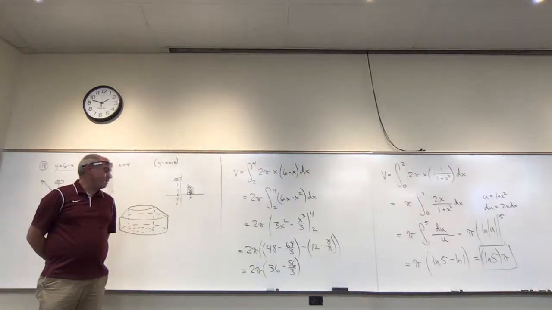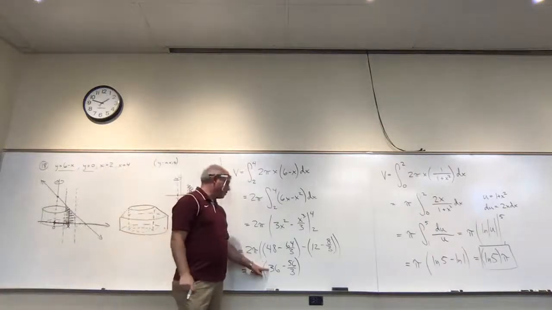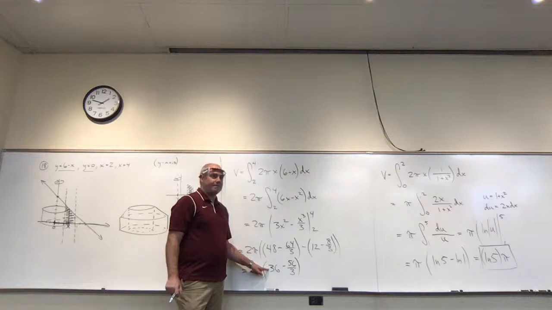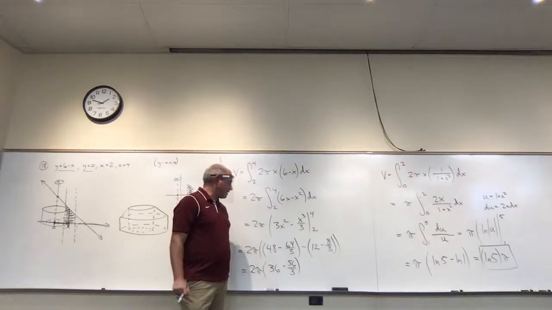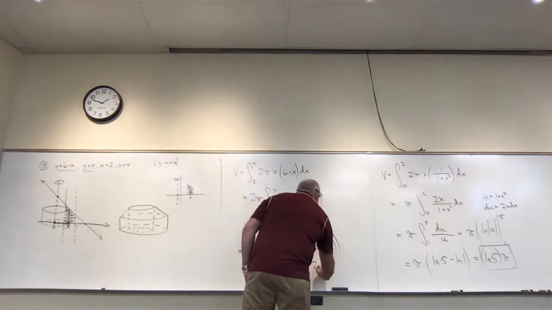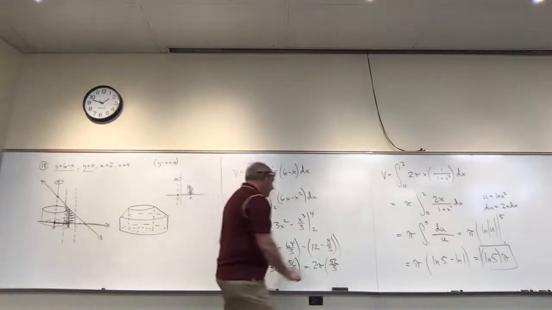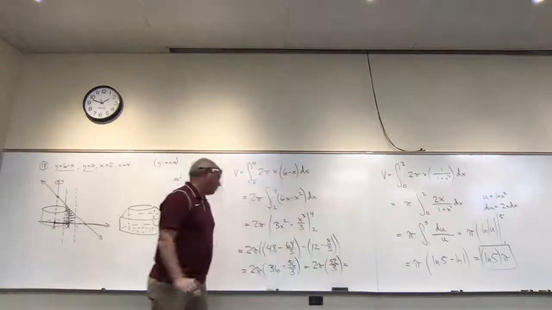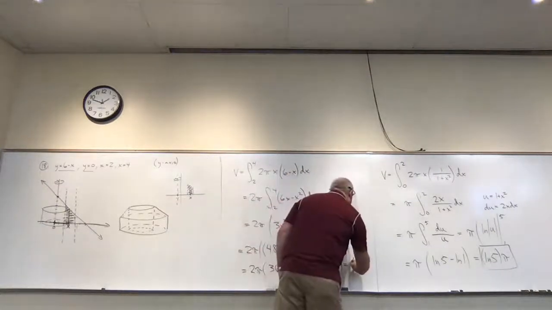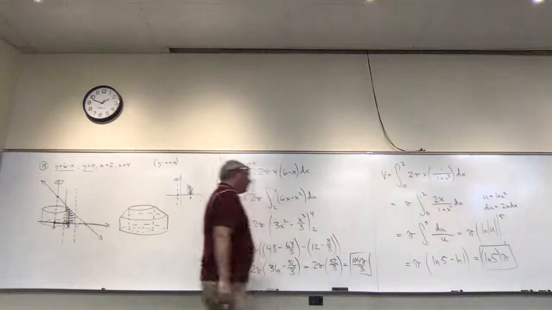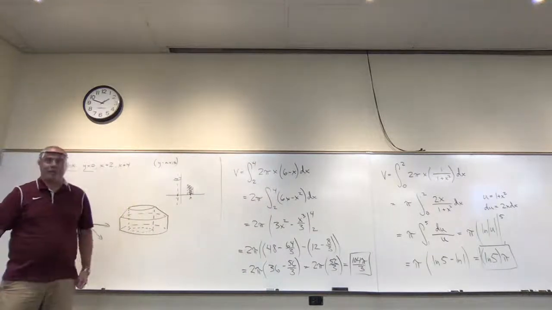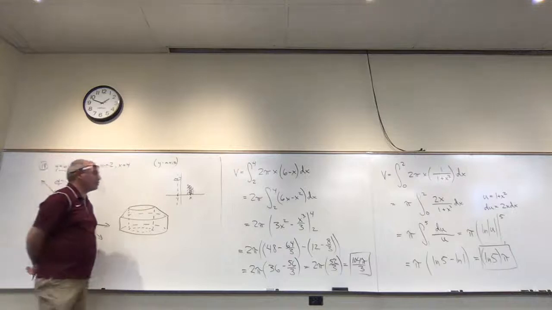So what's 36 times 3? Yeah, 108. So this is the same as 108 thirds, right? 108 minus 56 is what? 52. So this is 2 pi times 52 thirds, right? I guess I could multiply that by 2, and I get 104 pi over 3. And unfortunately, 104 also is not divisible by 3. So it's about as good as it gets.